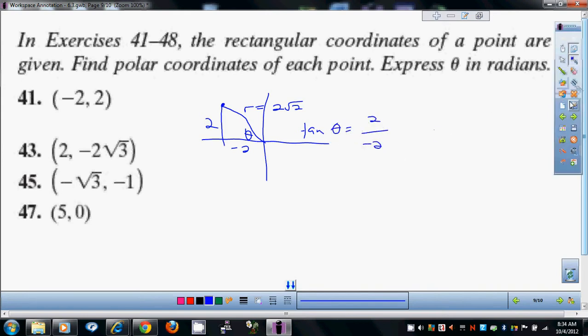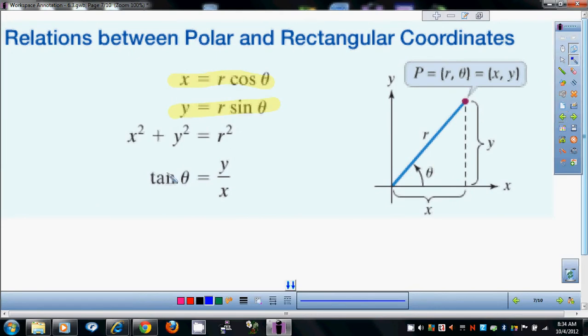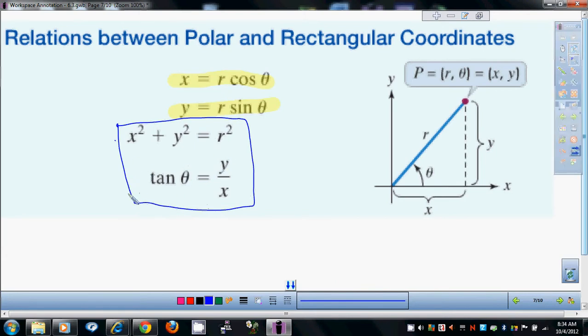Now, I'm going to pause for 2 seconds, go back to this slide. That's what this was telling you. How to go in the other direction. You're going to use Pythagorean theorem to find your r, and you're going to use this to find your theta. Now, if you don't want to draw these, I just kind of like to look and think about it. But that's essentially what you're going to do with y and x every single time. So if you're the kind of person that's like, I don't want to draw, I'd rather just punch it into a formula, that's fine.